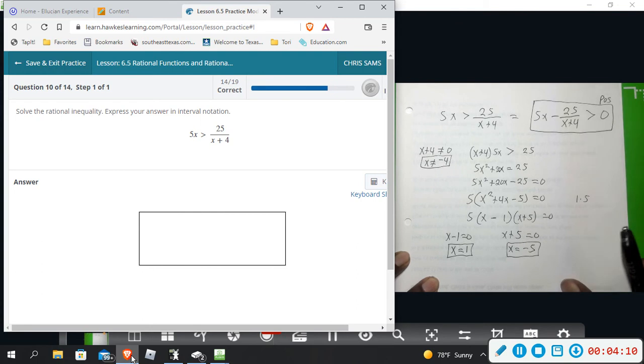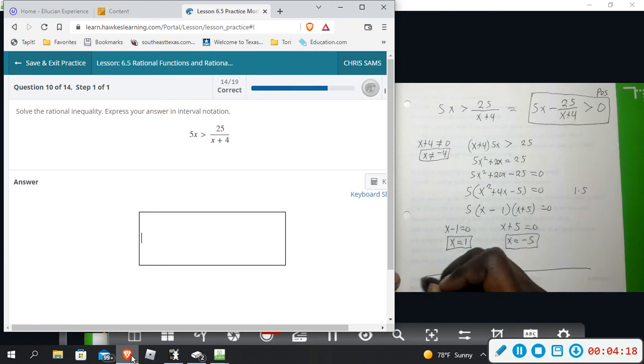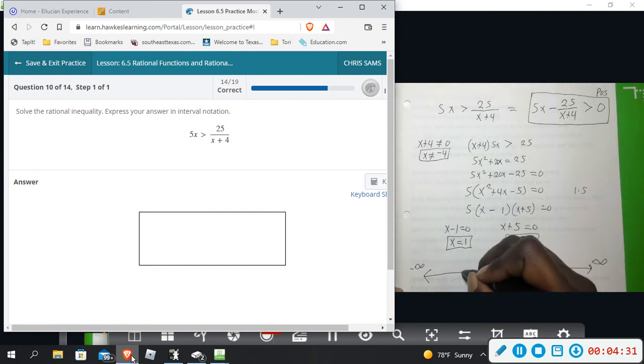Now, just to speed things up, I'm going to use the calculator. Alright, so I have a number line. This is going from negative infinity to positive infinity. I'm going to put these numbers on there. These are test points. So I'm going to put negative 5.